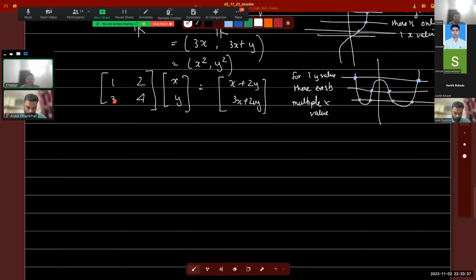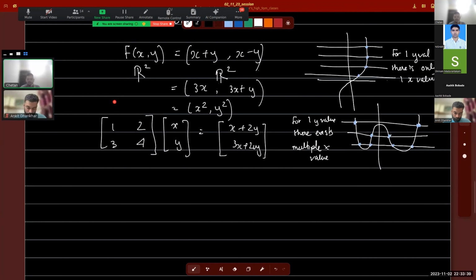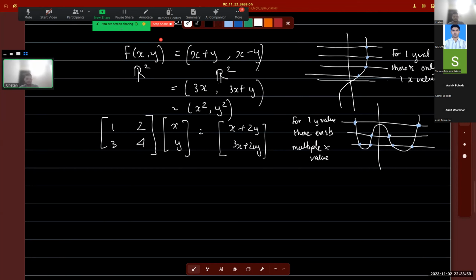So this is all that is to the horizontal line test. Anyway, we have asked a couple of functions. We have x plus y comma x minus y. We have 3x comma 3x plus y. We have x squared comma y squared. We took a matrix as a function as well, right? Why did we even consider a matrix as a function?